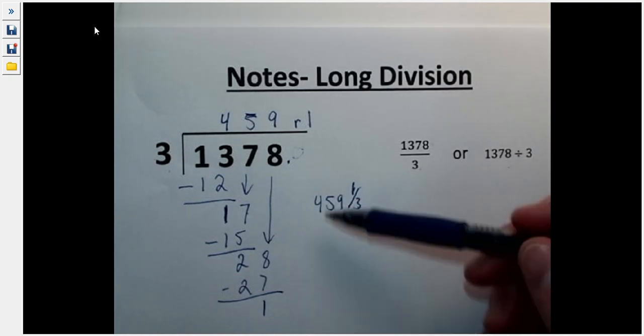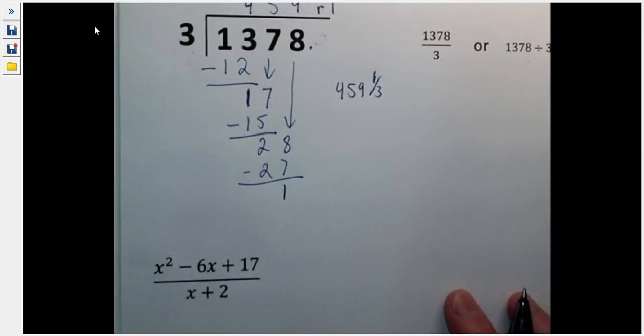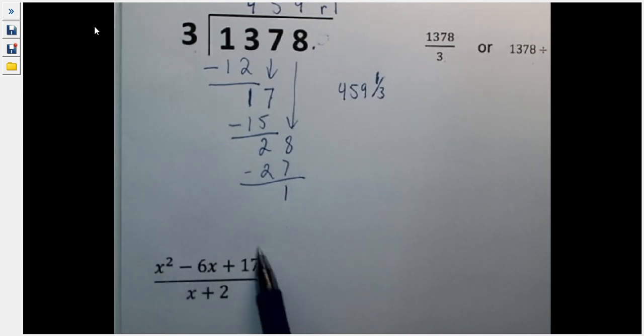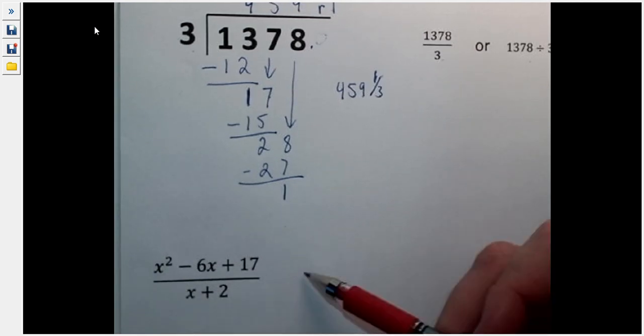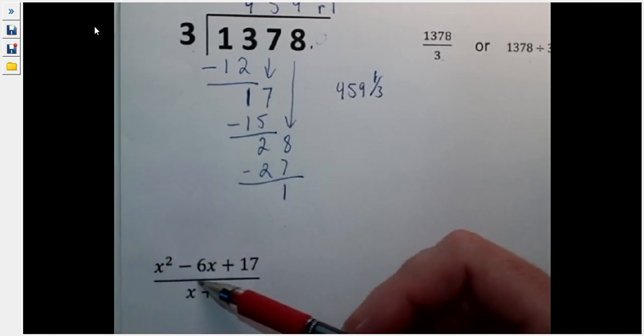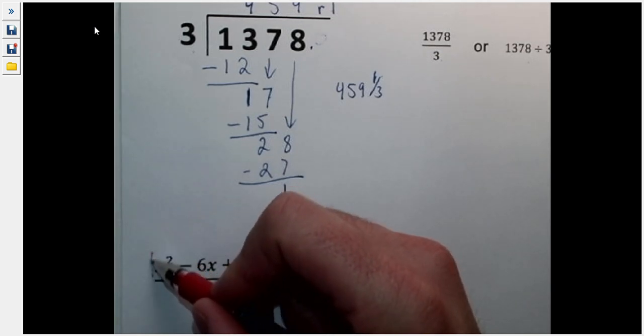So let's take this idea and now apply it to something like this. Now I've got not numbers, but polynomials. So I'm taking this polynomial and dividing it by this polynomial. One thing that we forget is that when we have this fraction bar, there are implied parentheses.